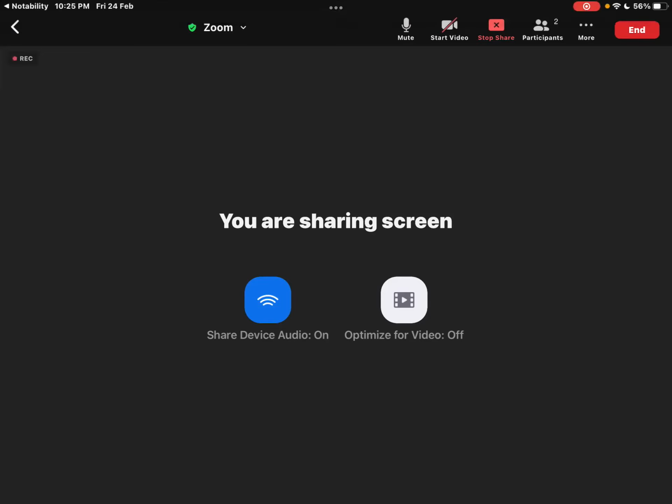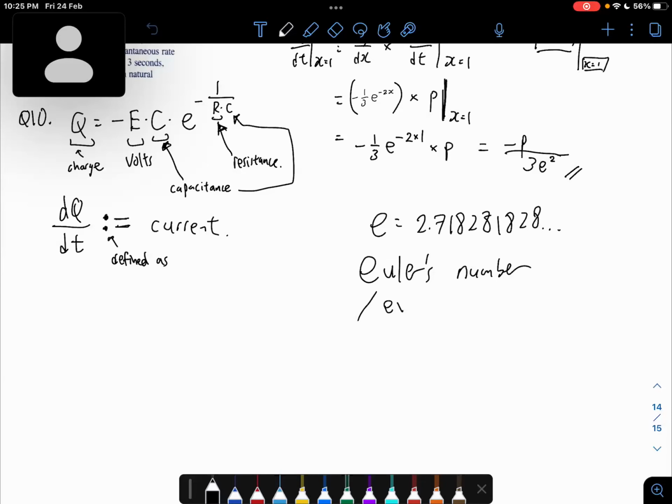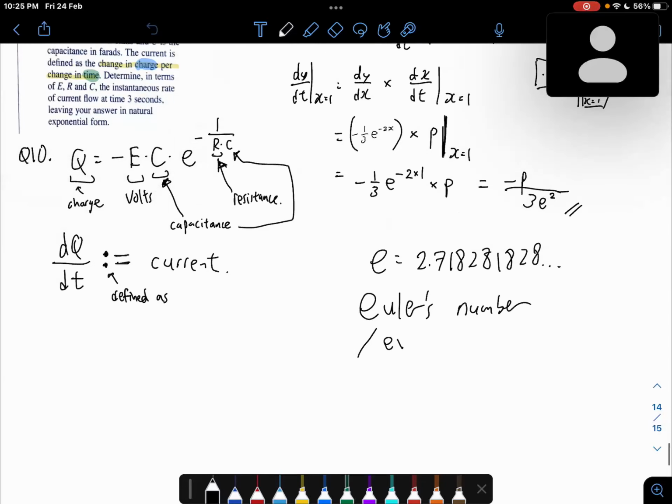I'm using my iPad now. Yes, so this is Euler's number, or you can call it the natural exponential. Okay, good. So what they want you to find is the instantaneous rate of current flow at time 3 seconds.